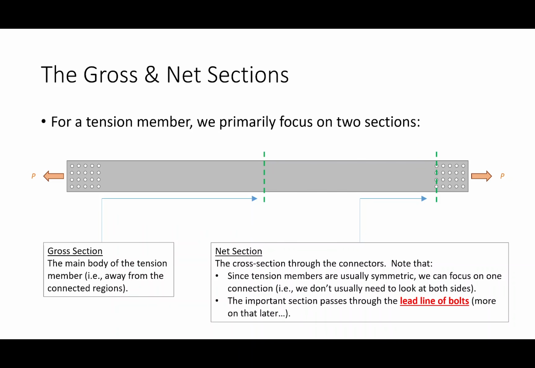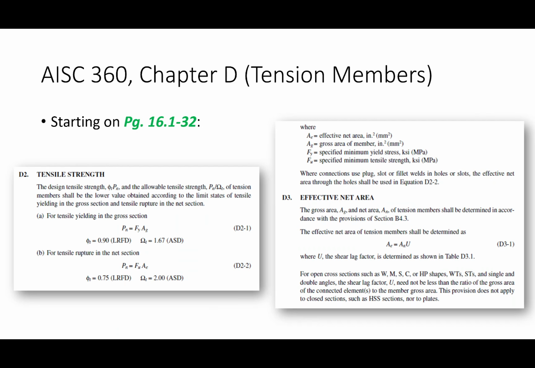So this would be the lead line of bolts, and this would be the lead line of bolts. Later on, when we start having staggered bolt arrangements, we're going to have to identify the lead line, and there'll be some discussion there. But for now, it's not really going to matter. So far, so good? Okay, all right.